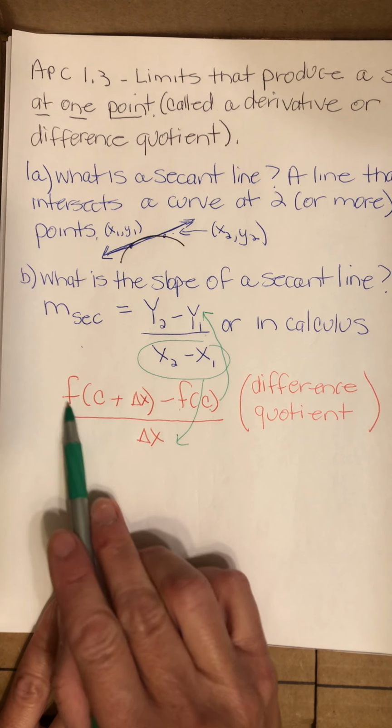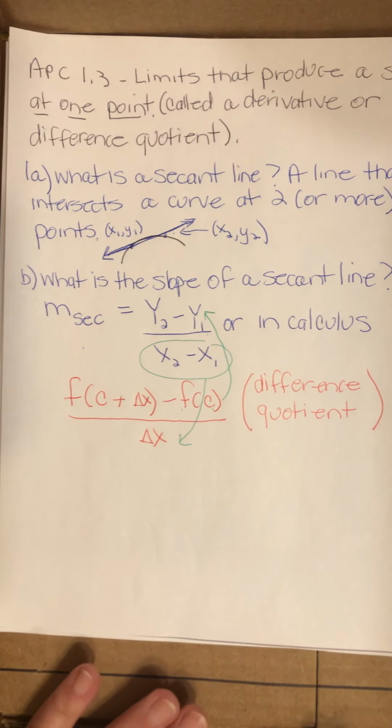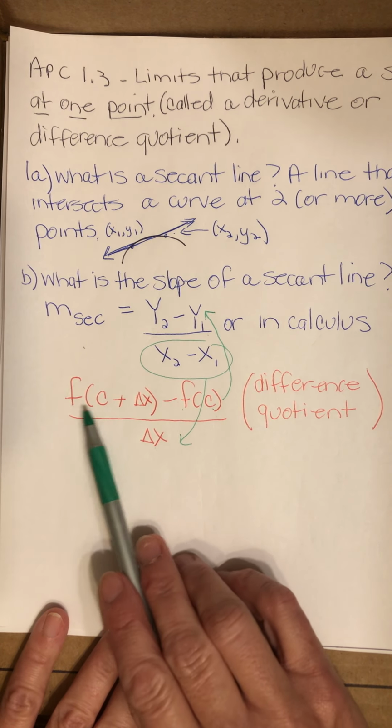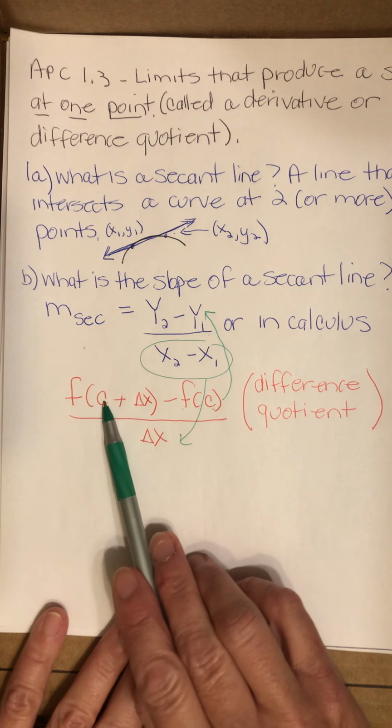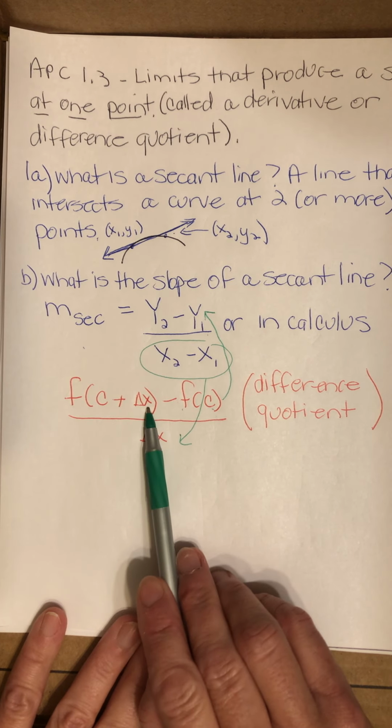The first part on the left of the numerator is what throws students, so let's talk about this. Isn't it true if you take f of c, and c is an x value, and you make a small change in x?